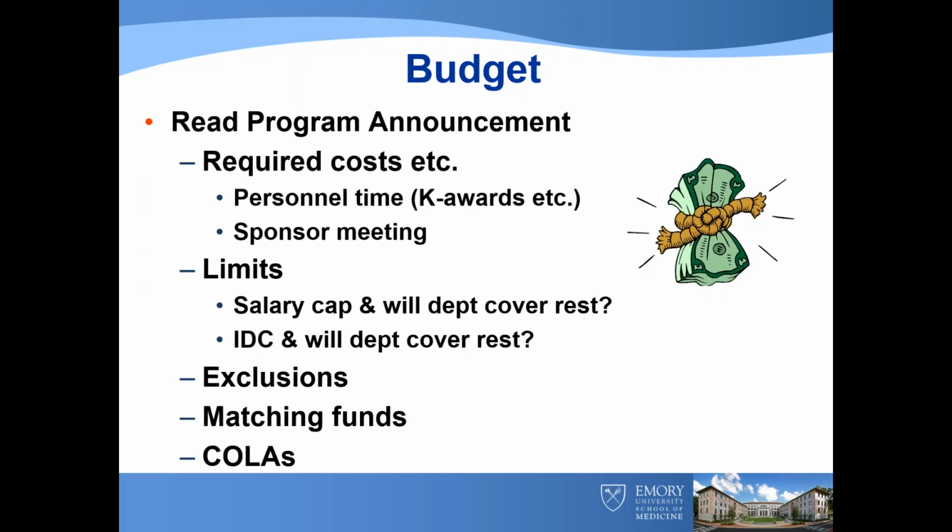In terms of budget, read the program announcement. Find out what's required. Sometimes there are actual costs that you are required to include. So, for example, for K awards and other awards, there's a minimum amount of time that you have to participate on that grant, 75% of your time, and you better ask for 75% of your salary.